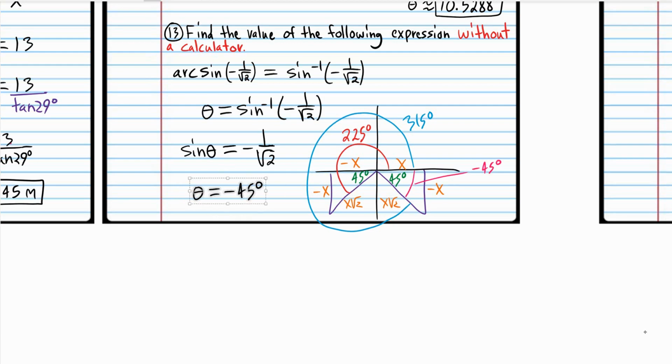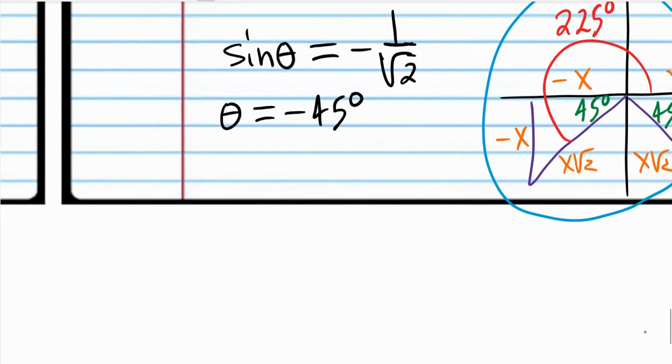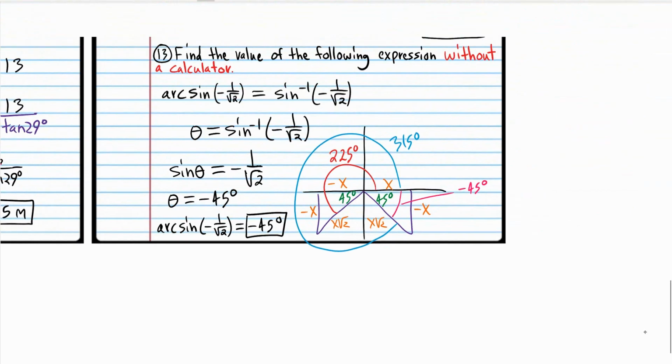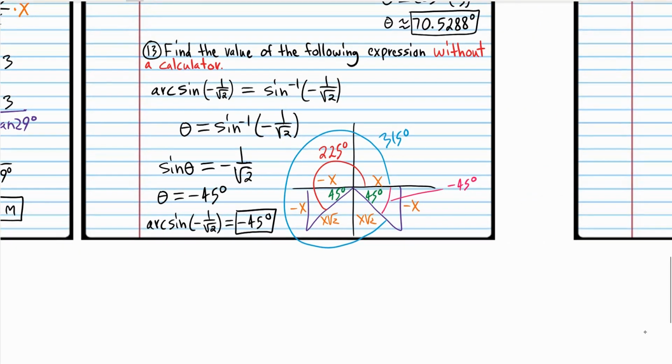So our final answer we can write as arc sine of negative 1 over root 2 is equal to negative 45 degrees. So if you got that right, excellent.